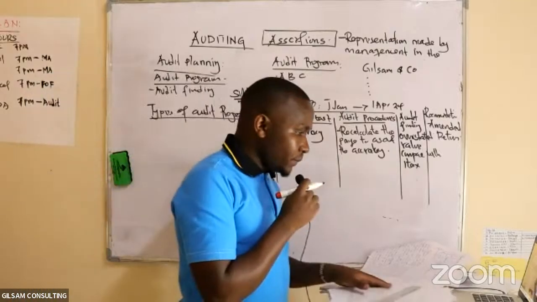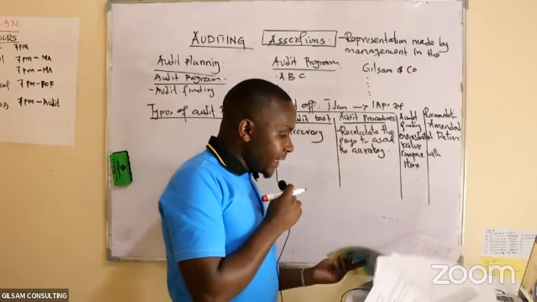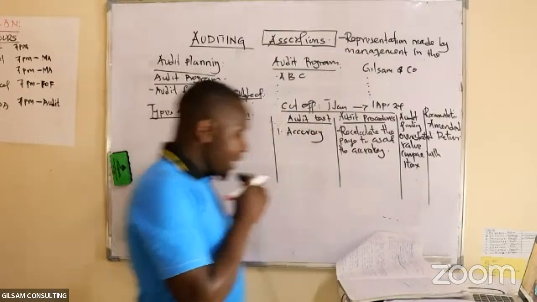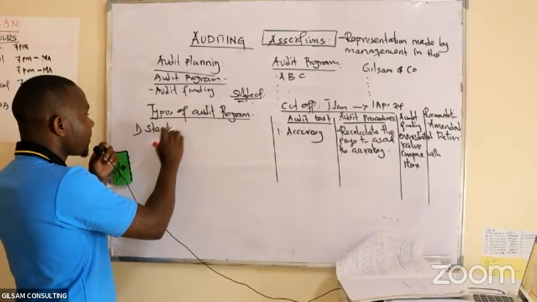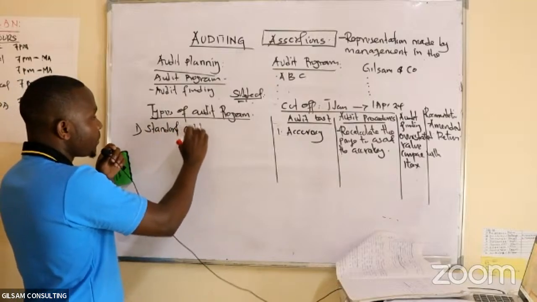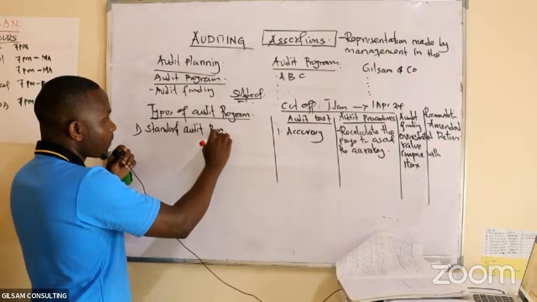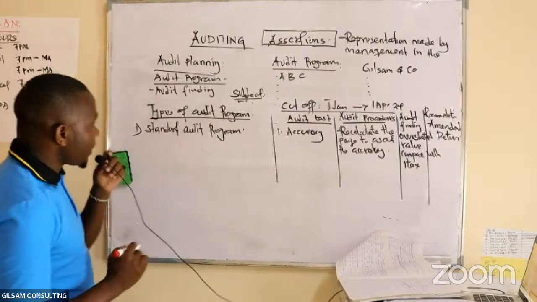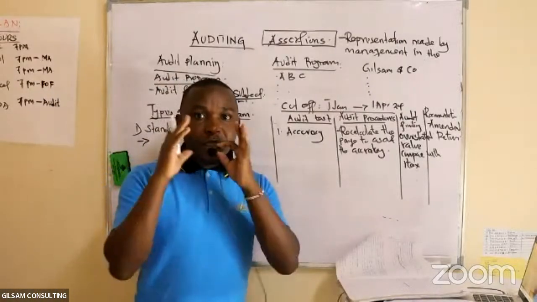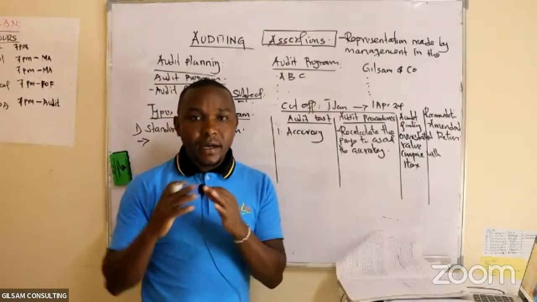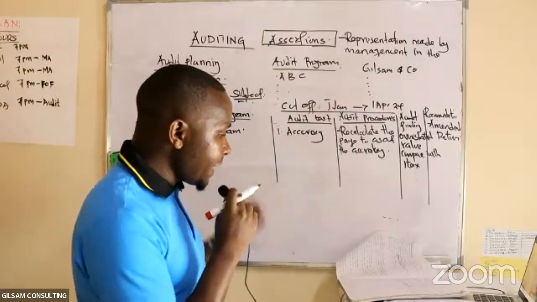So number one is the standard audit program. So this standard audit program, you don't change. It is there, you use it on a yearly basis, but there is no amendment.